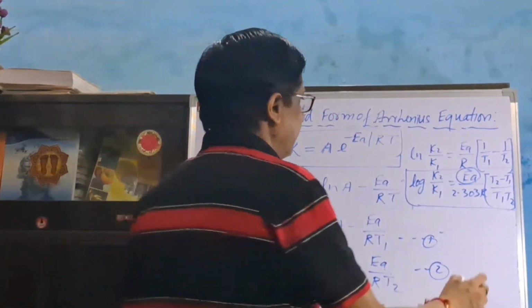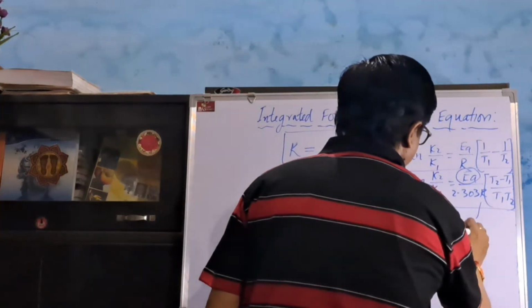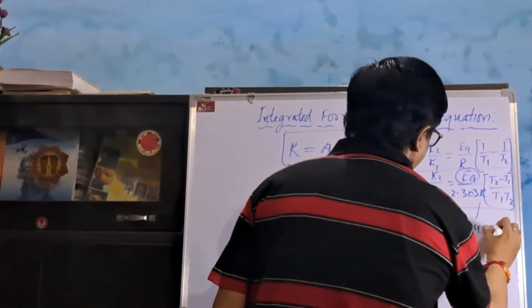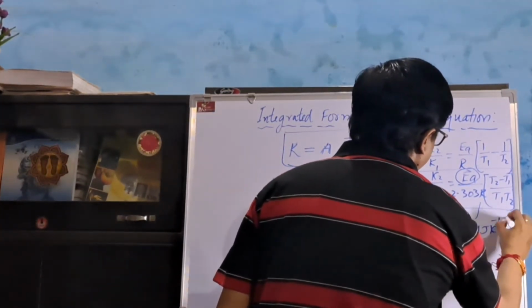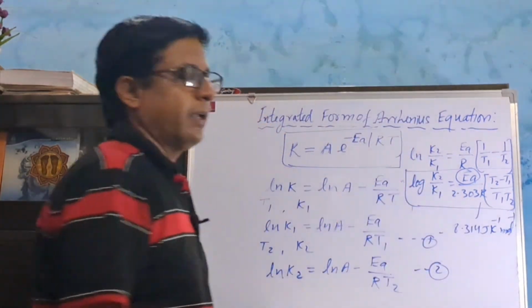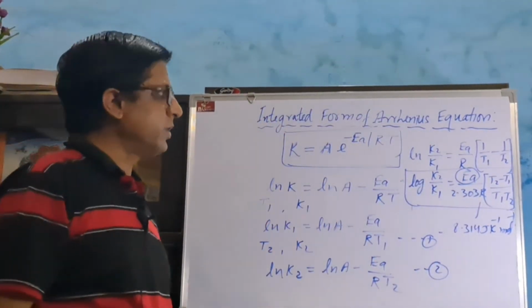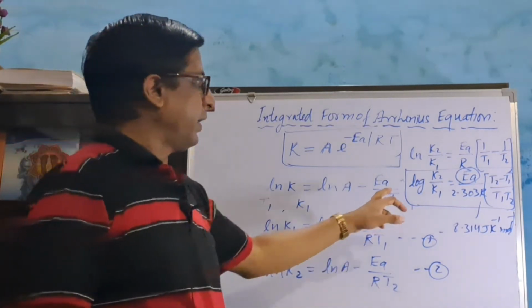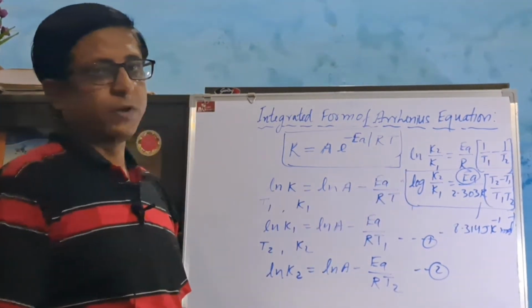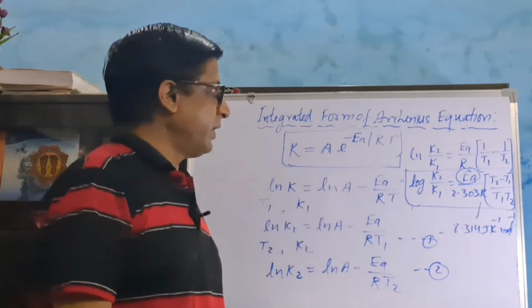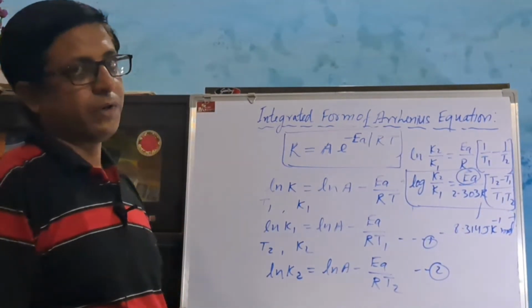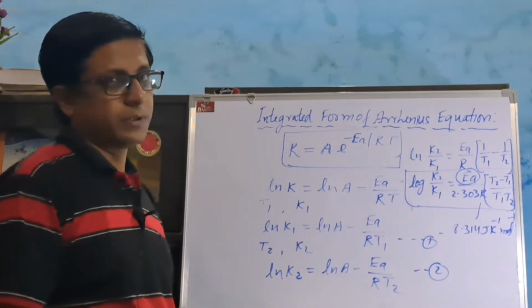Here R is a constant whose value is 8.314 joule per Kelvin per mole. This is a very useful equation, Arrhenius equation in another form. We use this equation for solving many numerical problems.